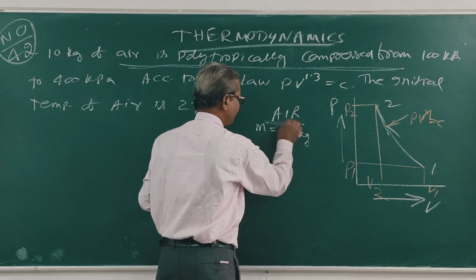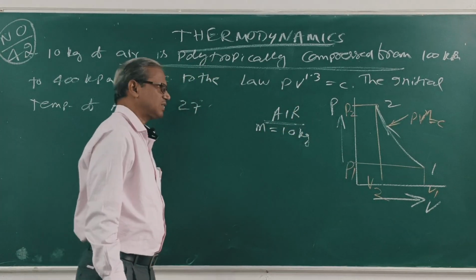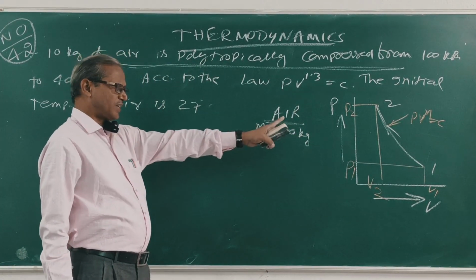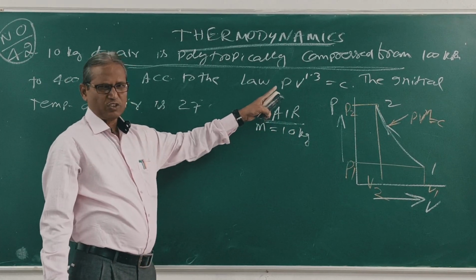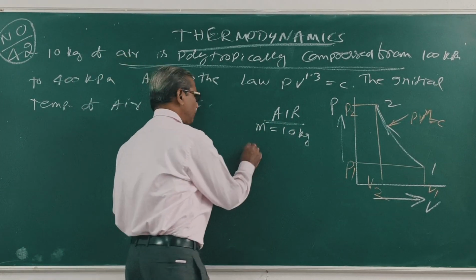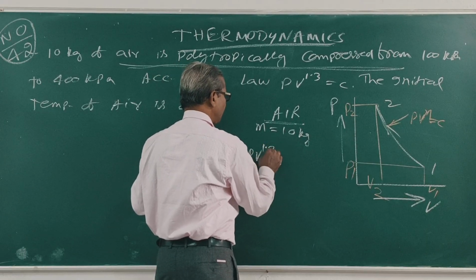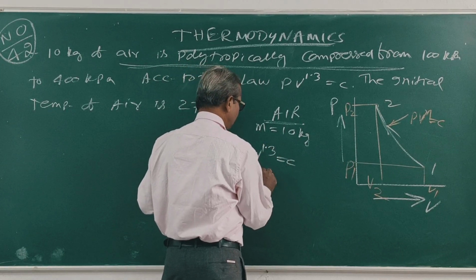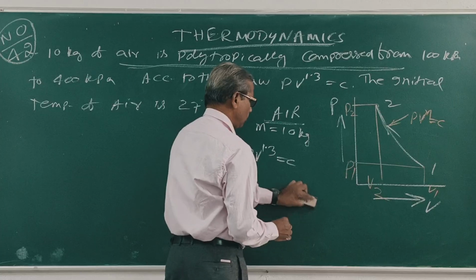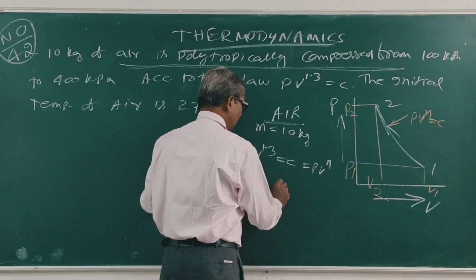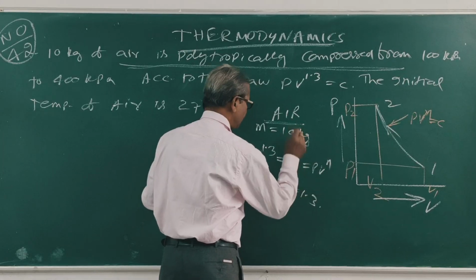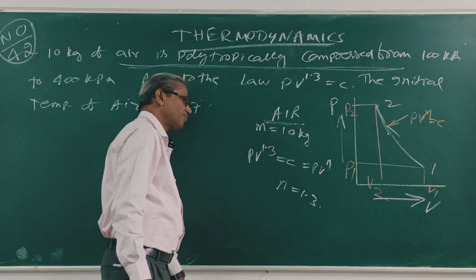Clear? The air is compressed polytropically according to the law Pv to the power 1.3 constant. Pv to the power n constant implies what is n equal to? n is equal to 1.3. Clear?